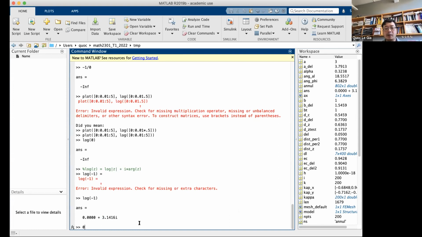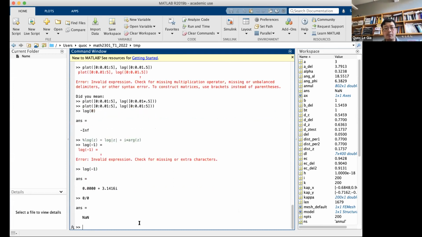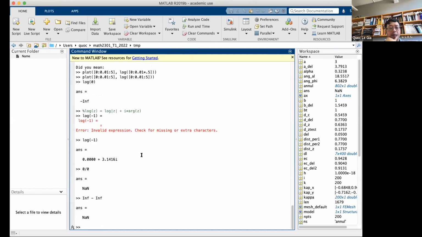Okay, so now we saw 0 over 0 already. In the previous case, 0 over 0 is just not a number. And now the next question is, what is infinity minus infinity? Not a number, yes, because it's an indefinite form. And how about 0 times infinity?